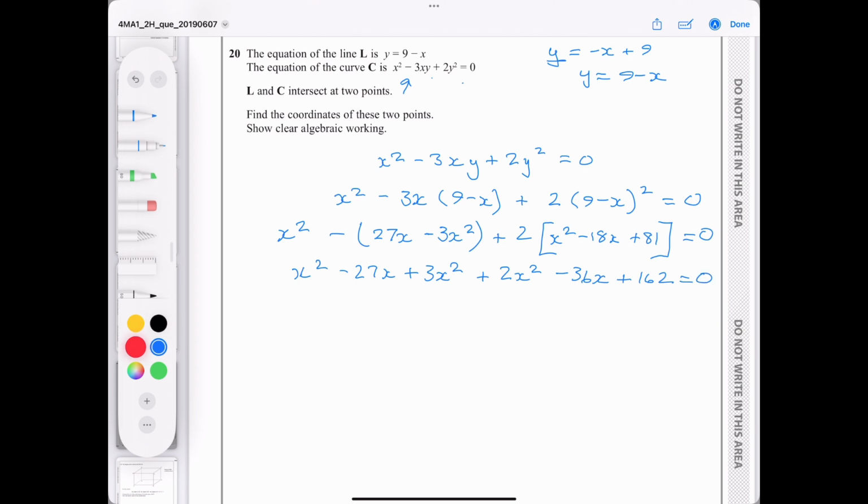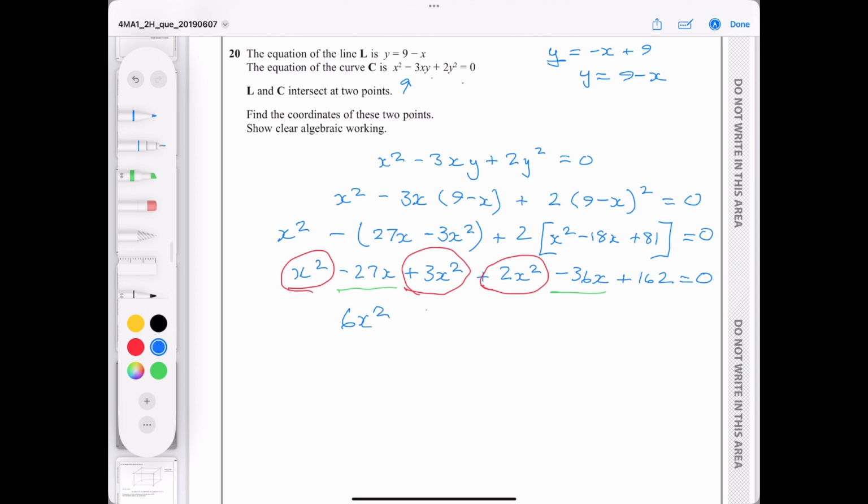Now I'm just going to underline what I've got. So x squareds, I'll circle the x squareds. That, plus that, plus that. Okay, good. Now let's underline the x's. And then we've got plus 162 on the end. I'm going to continue in blue. So I've got 6x squared.